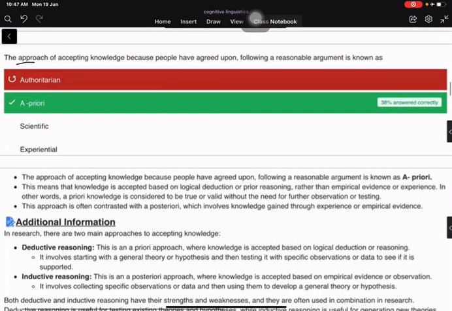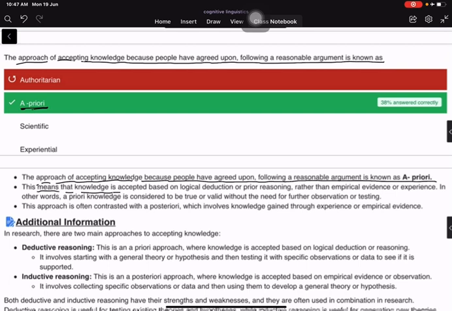Now, the next: the approach of accepting knowledge because people have agreed upon following a reasonable argument is known as a priori or ad populum, I believe. The approach of accepting knowledge because people have agreed upon a reasonable argument is known as a priori.